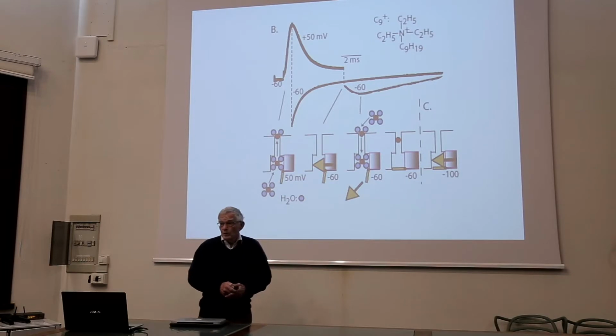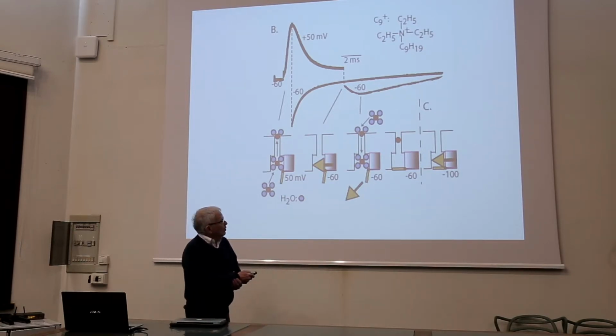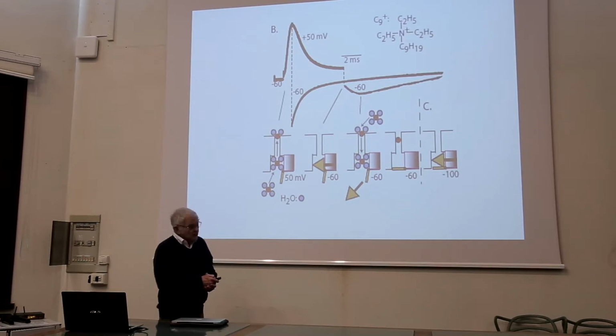And one other interesting point was that if you hyperpolarize to minus 100 millivolts, you can shut the gate and trap the C9 ion in the channel.